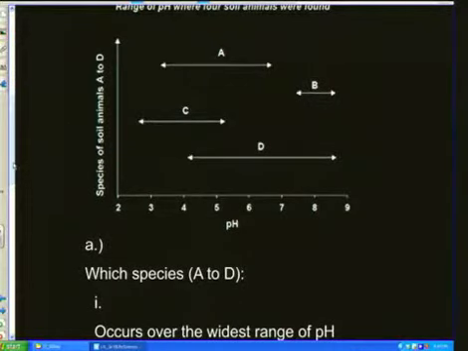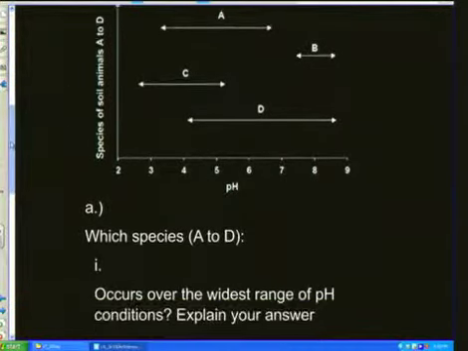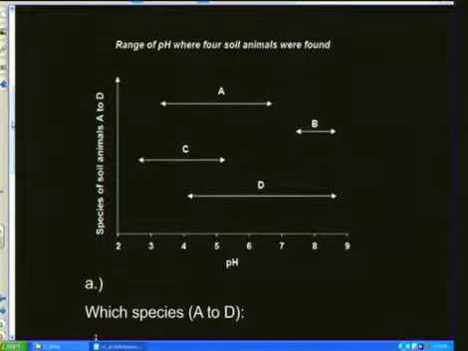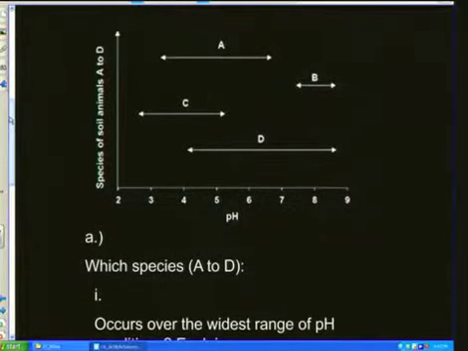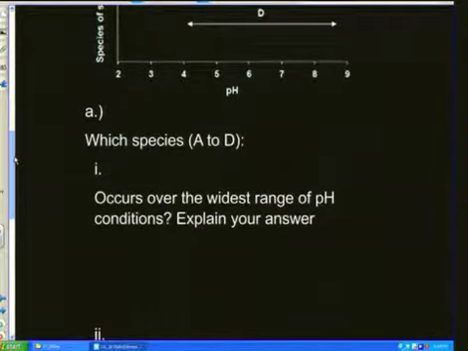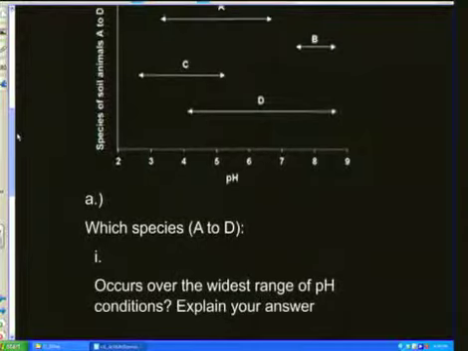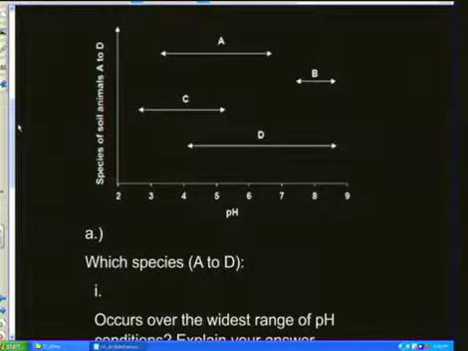So now the question was about animals that live in different pHs of the soil. So, looking at our graph, which species, A, B, C, or D, occurs over the widest range of pH conditions? And you have to explain your answer.